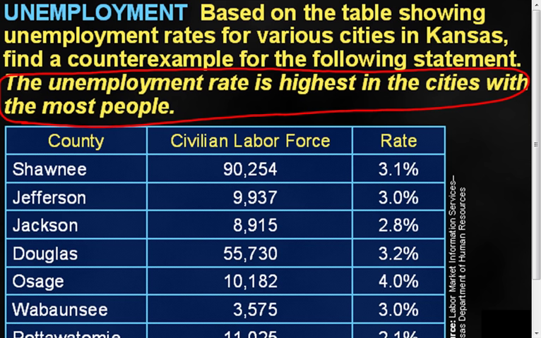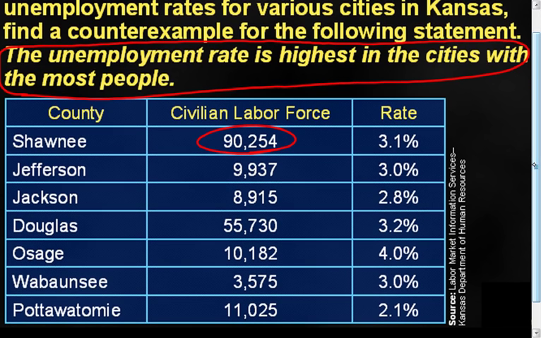Now what I'm going to do is look at Shawnee. It has the highest population of what I have here, the largest population. The unemployment rate is 3.1. So what I need to do is find a city that has a lower population but a higher unemployment rate. I'm going to come down here to Douglas.